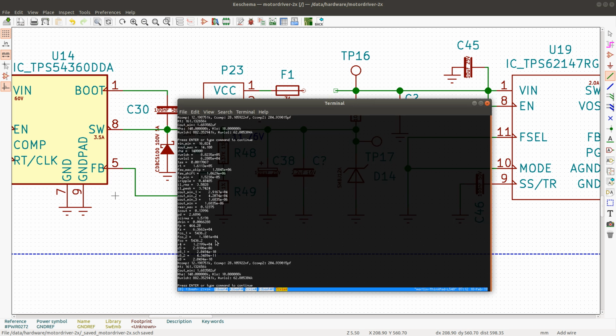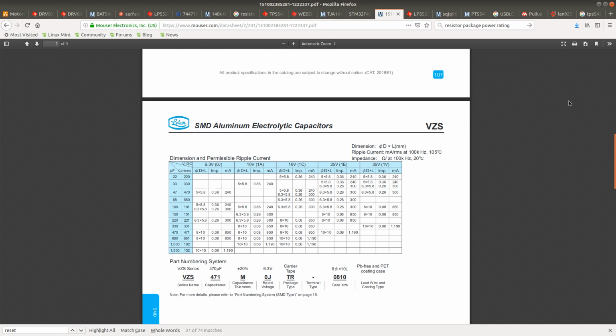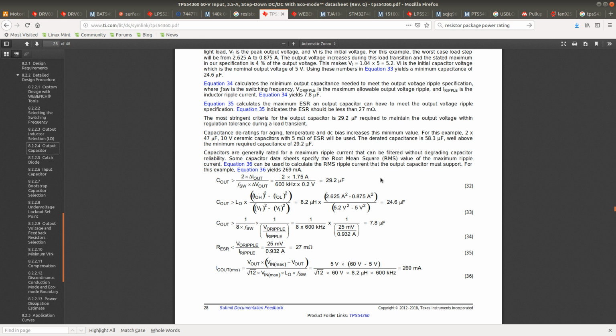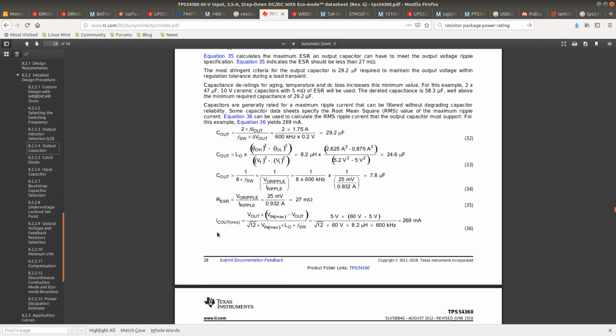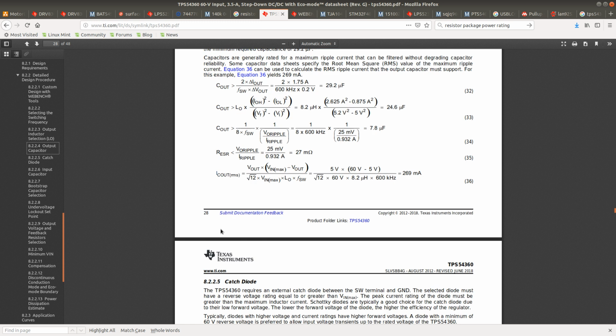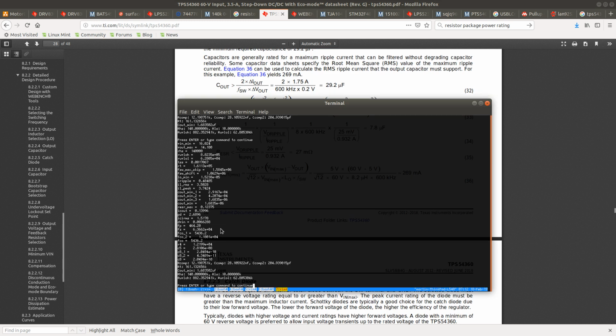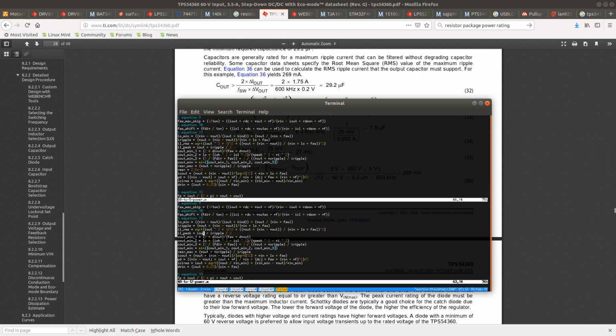Next on the list, I think this is the RMS current. ICI RMS, what is that? Could this be some current on the... where is our max?